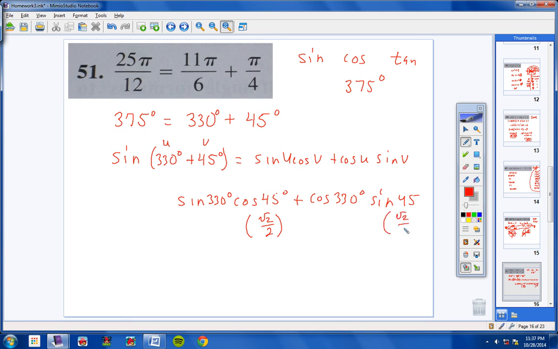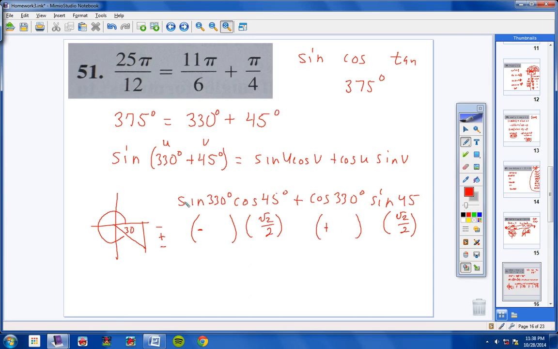Now, when you see 330, don't freak out over that, okay? Remember, we just simply draw 330 degrees, and the reference angle would be 30 degrees. And then the sine sequence over here goes negative, positive, negative. So sine's going to be negative, okay? And cosine's going to be positive.